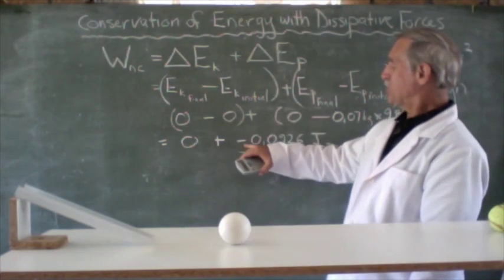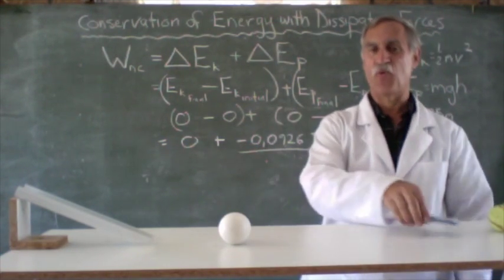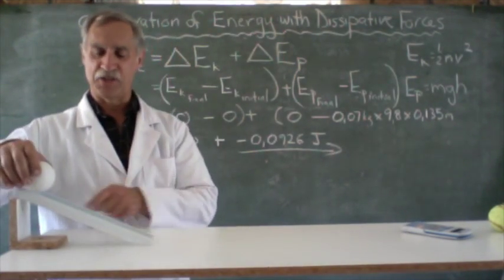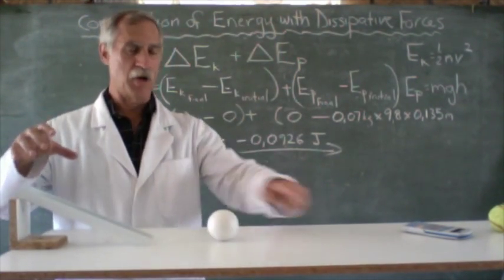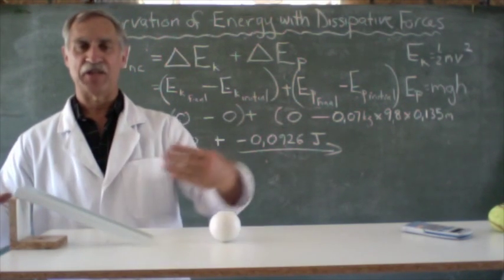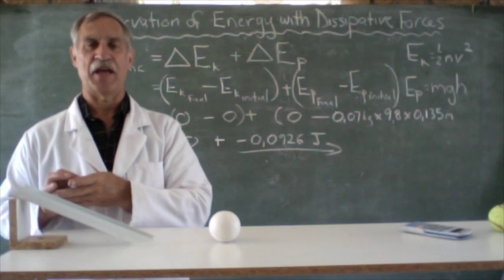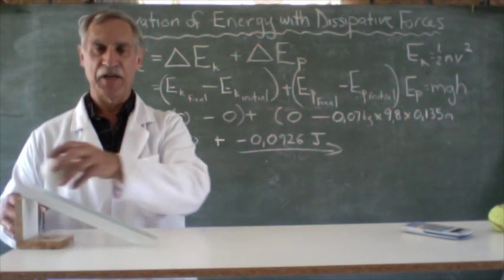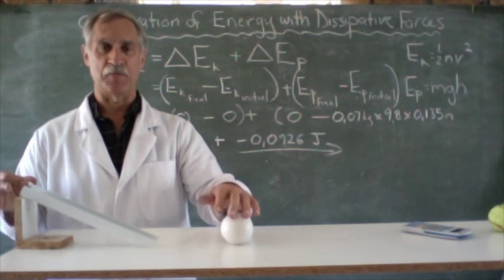So notice our negative answer. What does that mean? It refers to the fact that if this is our direction of displacement, the work done by friction is in the opposite direction, and when that occurs, we get a negative quantity for the amount of work done.